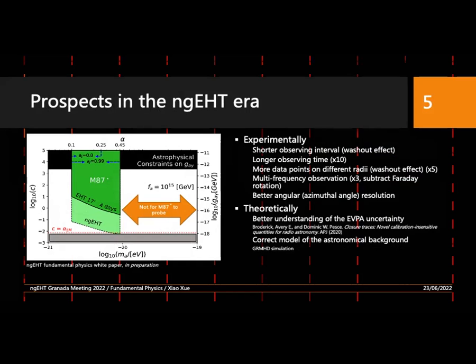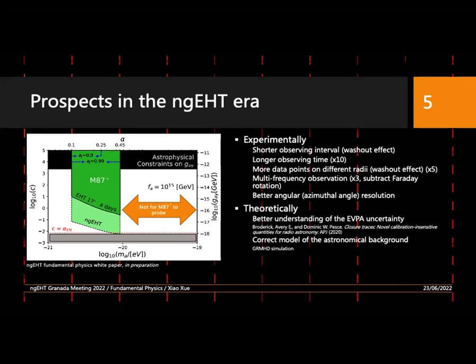Okay, so here there are some features I want to talk about. You can see there is a very large blank space on the right side of this figure and also in the figure I showed before. This blank space is because we chose a superradiant axion cloud, so those places on the right are not for the M87 star to explore, but for a black hole that has a different mass and spin.